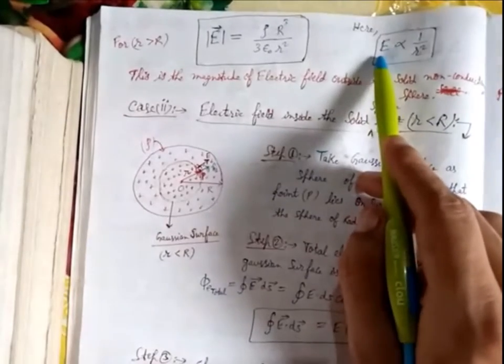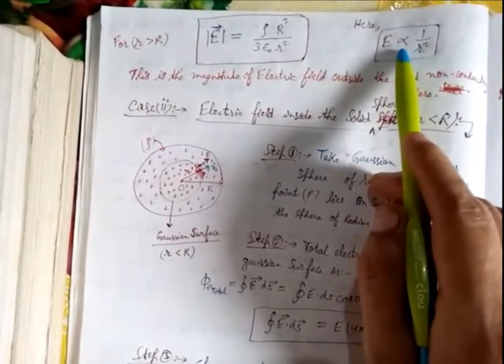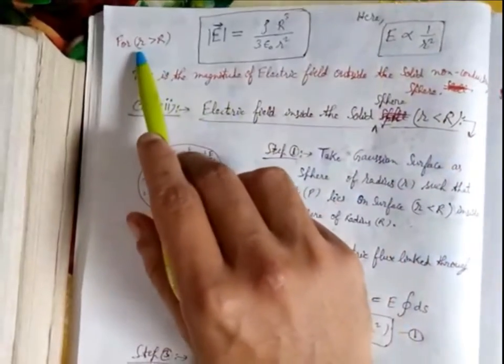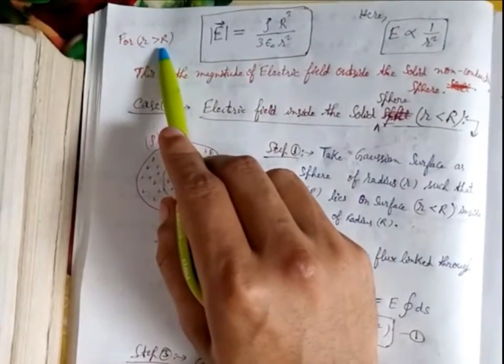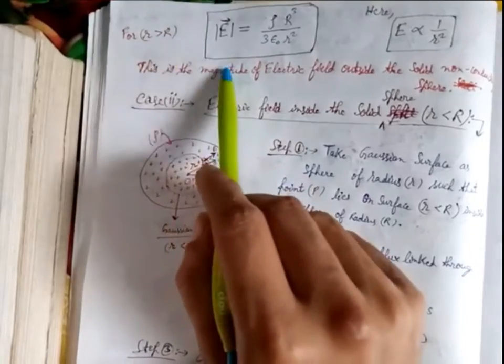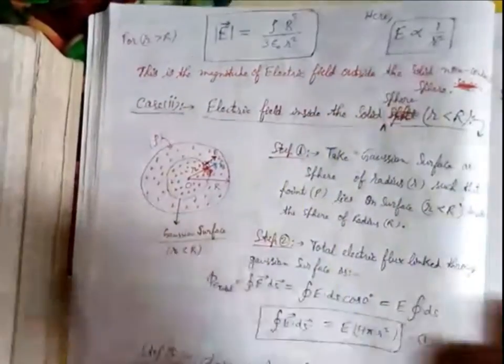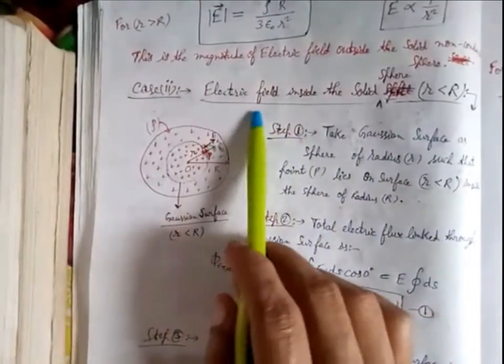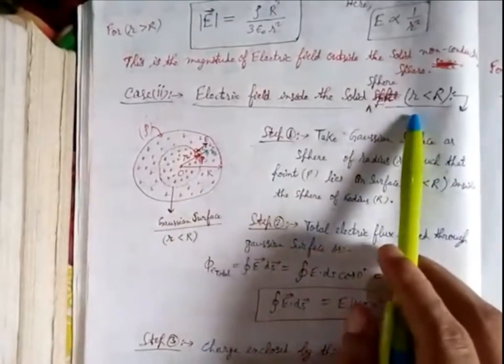It means the electric field is directly proportional to 1 by r square for small r greater than capital R, or this is the electric field outside the sphere. Now the second case is the electric field inside the solid sphere.